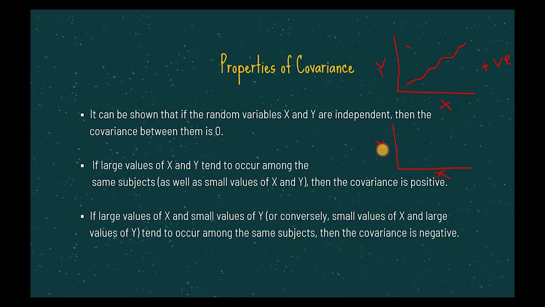Whereas if the values of x are getting larger and the values of y are getting smaller, then it will be a negative covariance. So these are the types of covariance. And if there is no change in y with the increment of x, then I can create a graph like this where it will be a zero covariance.